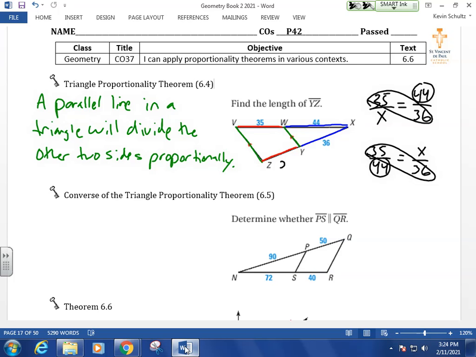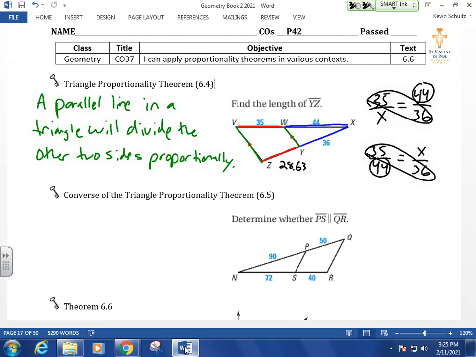And how we can check this is we can take a look at these fractions. 35 divided by 28.63, the decimal value of that is 1.22, etc. And 44 divided by 36 is almost the same nasty decimal, because we rounded 28.63. It's not perfect, but there we have it.